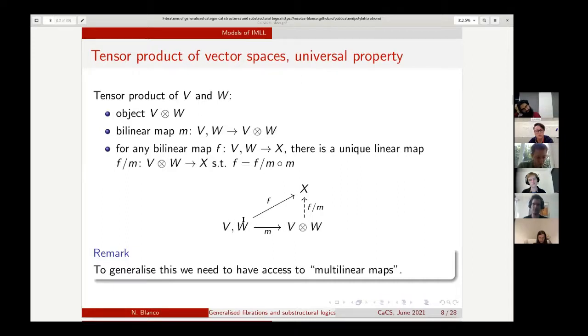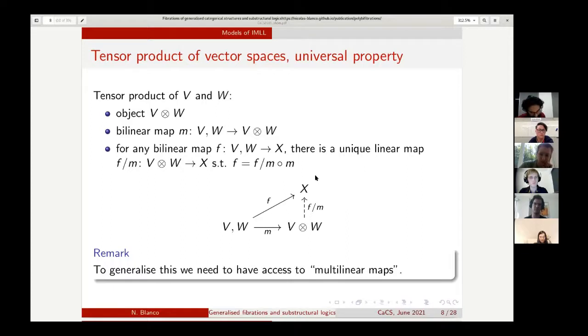So this is saying any bilinear map will give rise to a unique linear map from the tensor product in such a way that this factorization property holds. And using this universal property, we can prove quite easily that we get a symmetric monoidal closed category with this notion of tensor product.